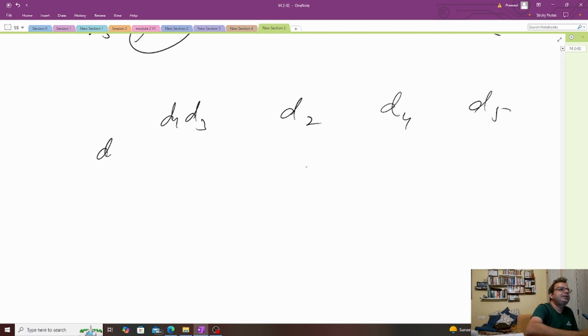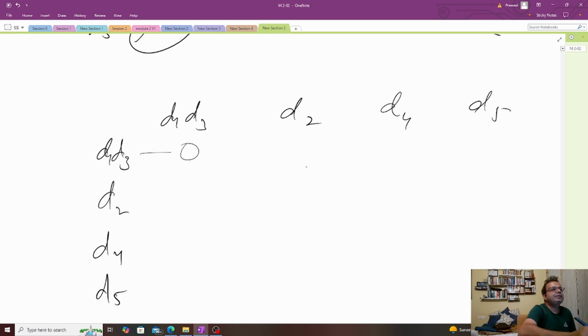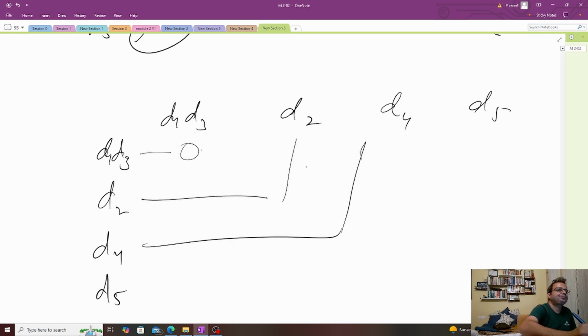Then again you find the distance between these points, and this iteratively goes on and on until all these clusters eventually become a single cluster.